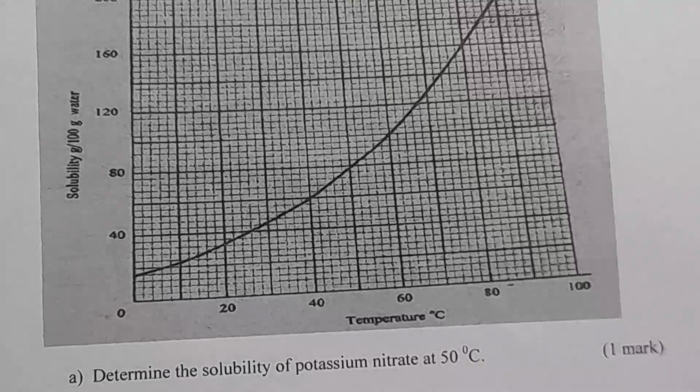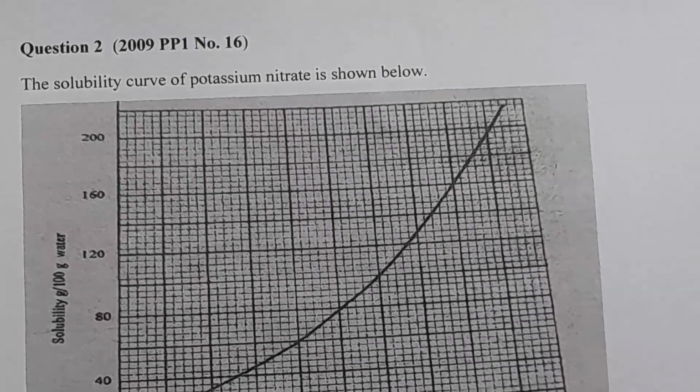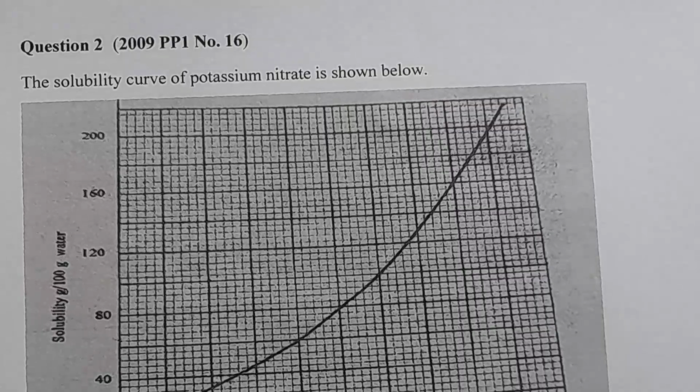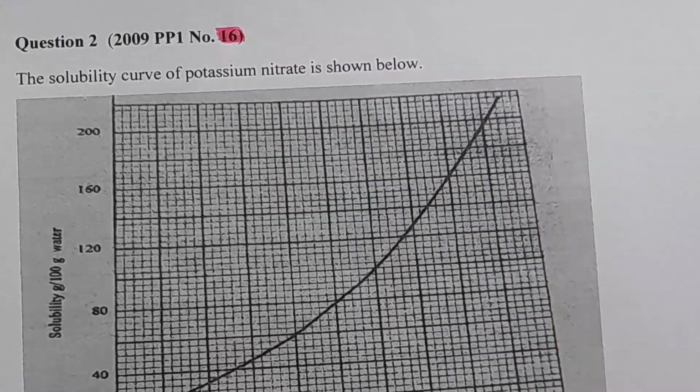Question 2 is in KCSE 2009, Chemistry Paper 1, question number 16. The question says the solubility curve for potassium nitrate is as shown below.